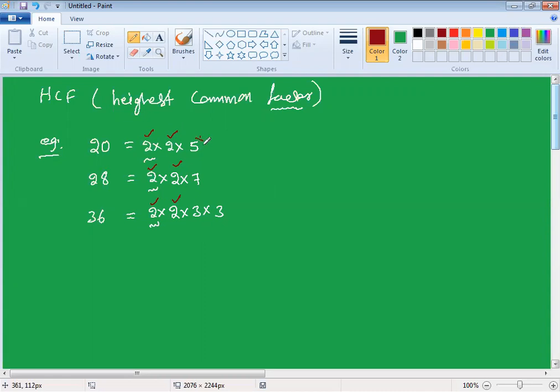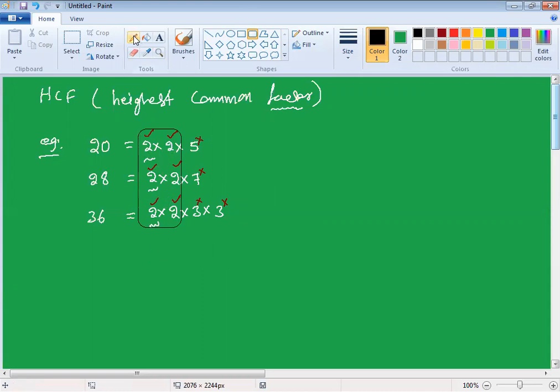So this is not a common factor. 7. There is no 7. No common factor, like 3 and 7 and 5. So we got how many common factors? Only 2. These 2 are the only common factors. That is 2 into 2.